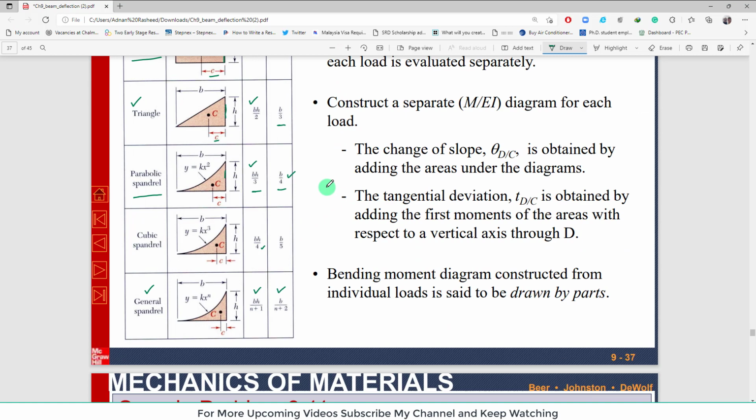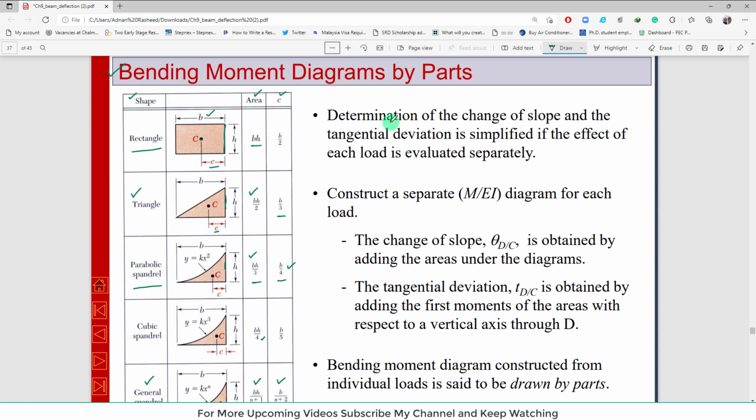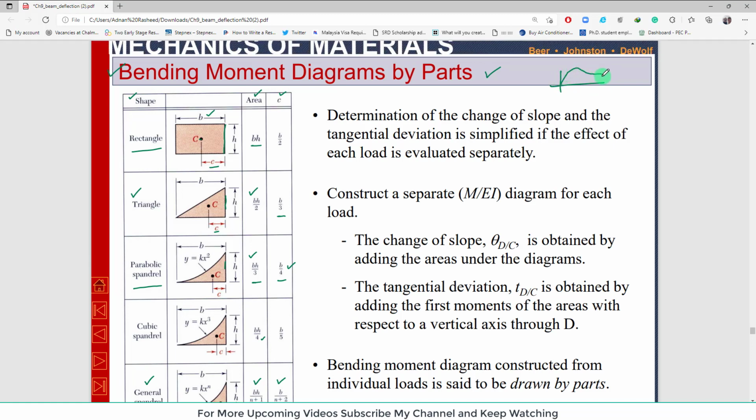So what we will do is use the bending moment diagram by parts. We will divide the diagram into parts. For example, the area under the bending moment may come like this: there may be a square or rectangular shape, and there may be a parabolic shape.